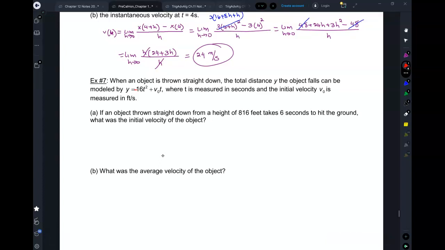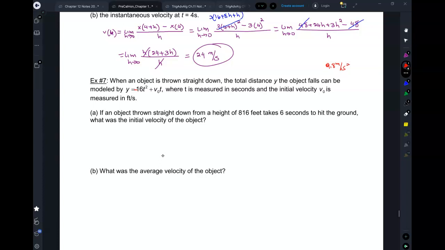By the way, do you guys know what that negative 16 is for? It's everywhere. If you look at the problems that we've done, they all have that negative 16t squared. Why is that? It's the acceleration due to gravity. In meters per second, acceleration due to gravity is 9.8 meters per second squared. But in feet, it's 16.